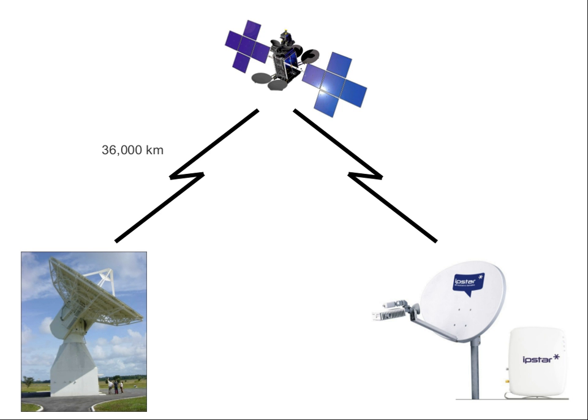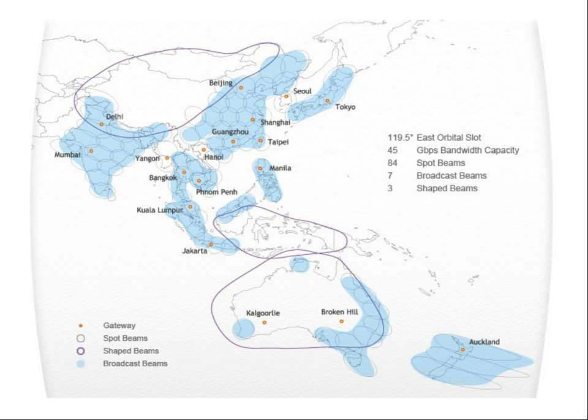So you get internet access, especially where there's no landline, fixed wide internet access. So that's an example of one satellite communication system.